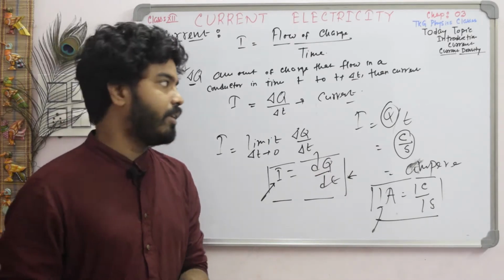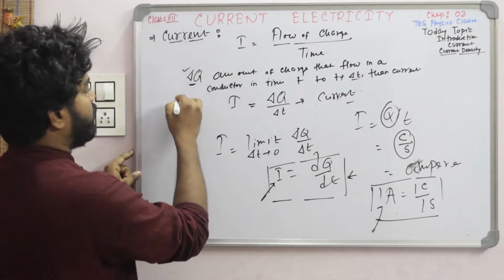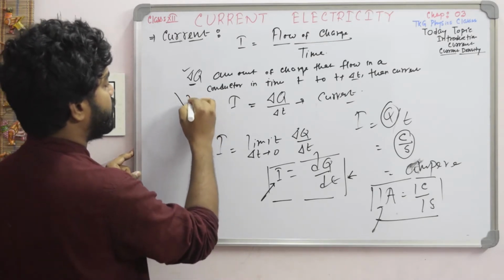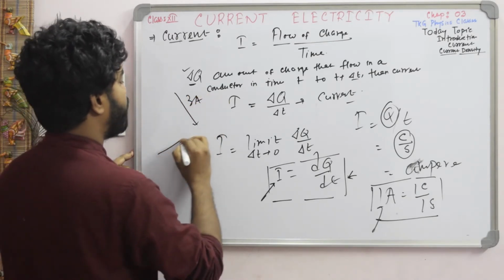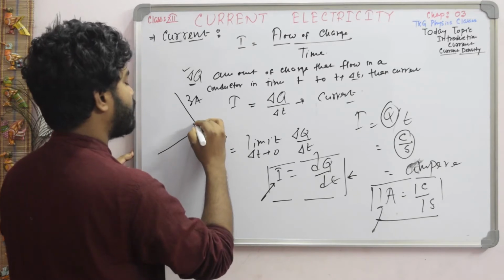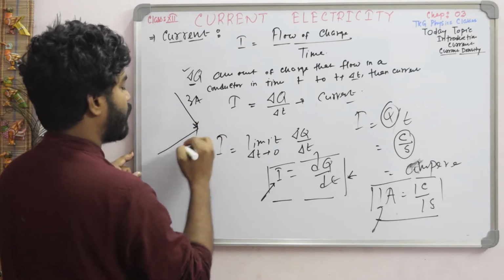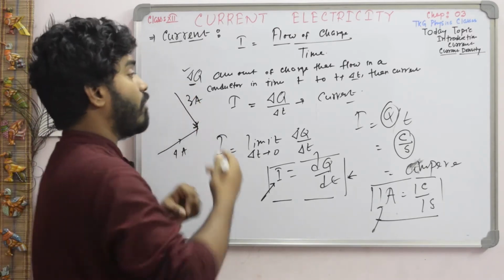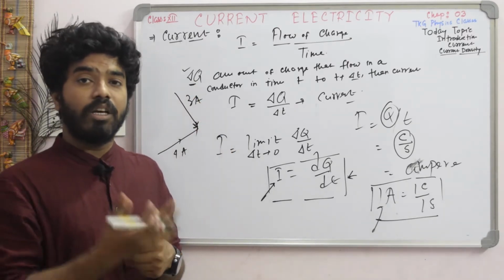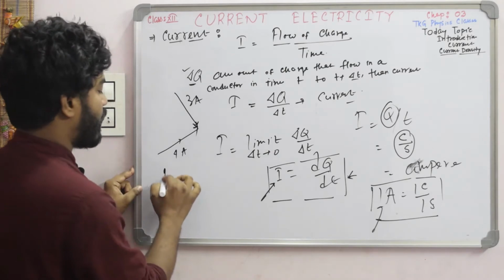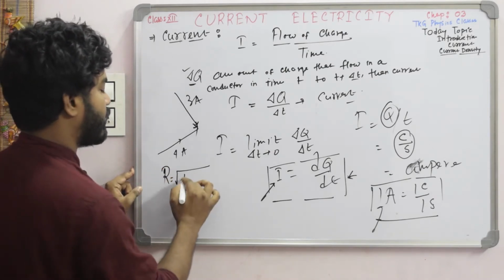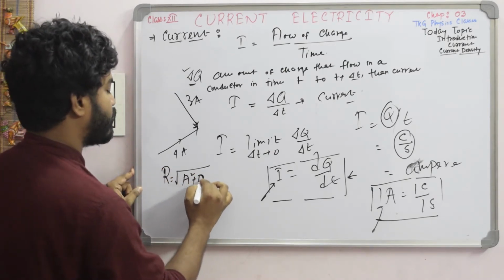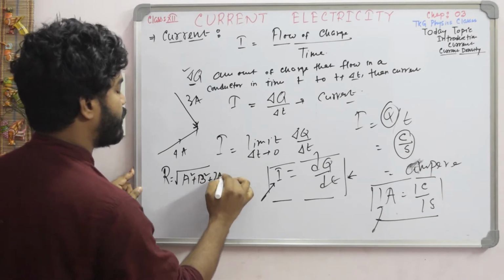Take one example. Suppose there is a 3 ampere current, and another 4 ampere current meeting at a junction at a point, 3 ampere and 4 ampere current. So, according to the vector law of addition, what will be the resultant? You know the resultant formula, R is equal to root under a square plus b square plus 2ab cos theta.